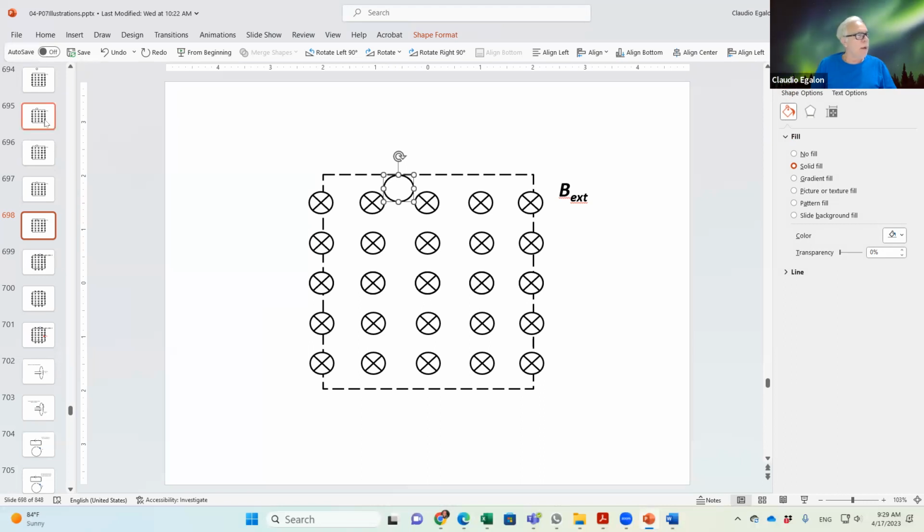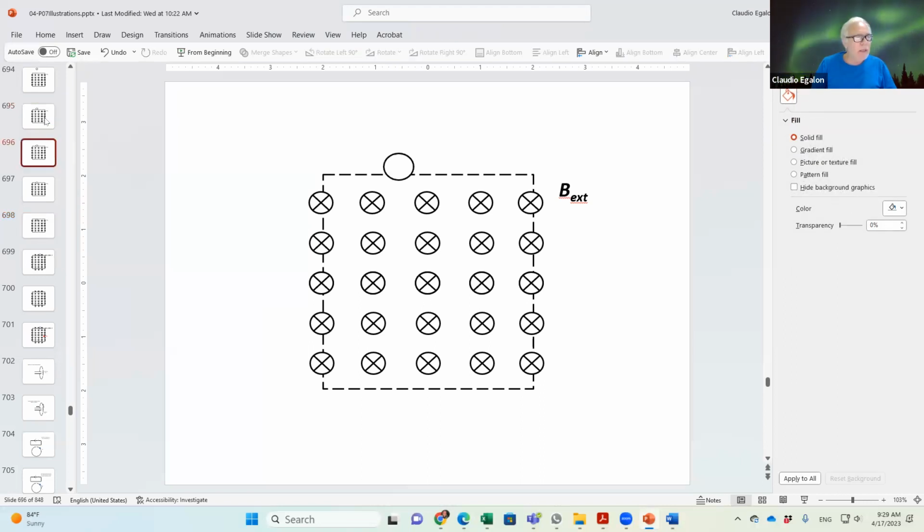Okay, so what's happening right in here? You start to have an induced current in this loop. Magnetic flux is increasing. Consequently, the electric current in this loop must circulate in the counterclockwise direction.